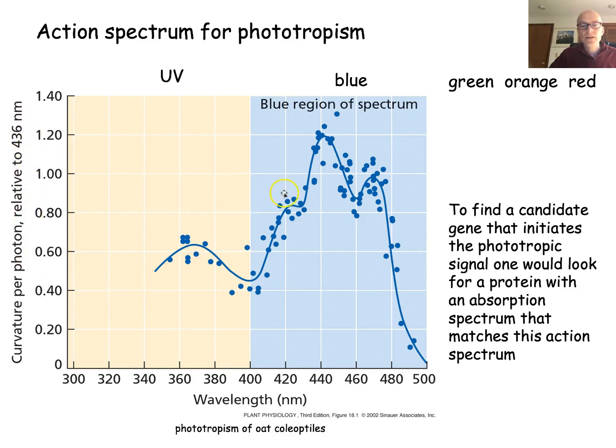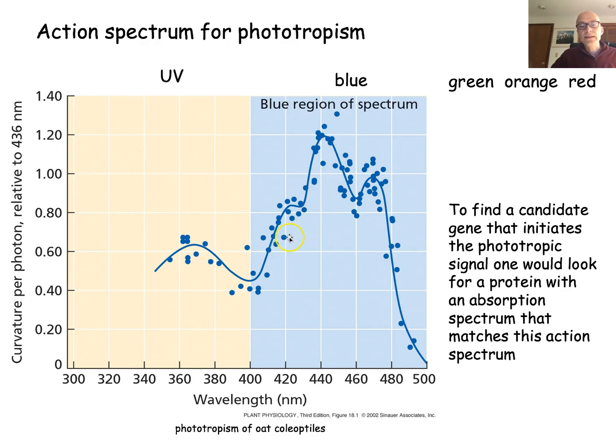That is just to say that 436 nanometers was used, and anything relative to that is set to 1, I guess that's here. And anything set to 1 is relative in its intensity, in its ability to cause curvature, with respect to that particular point.